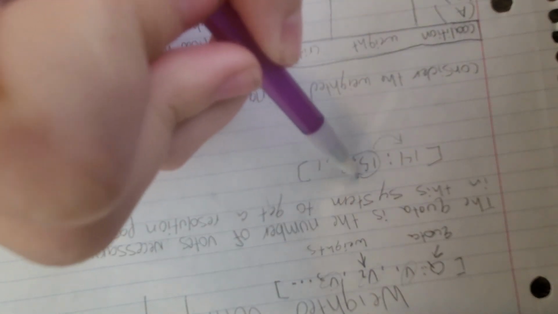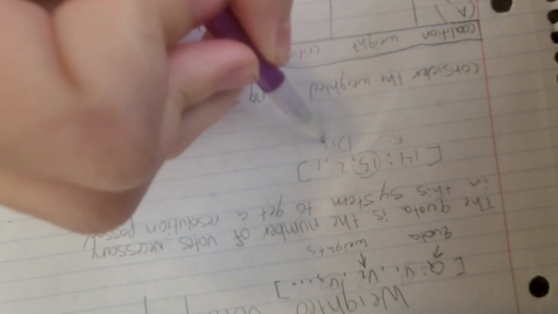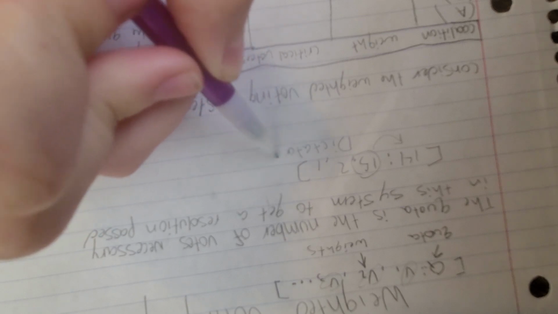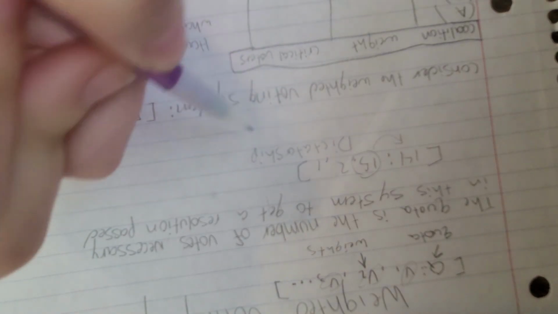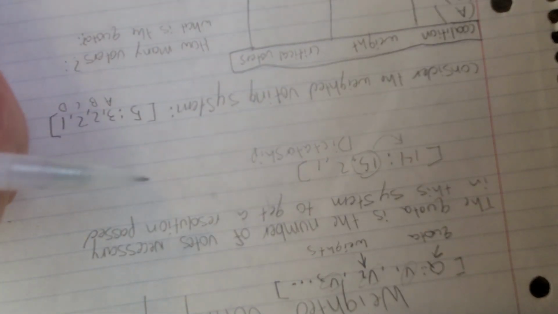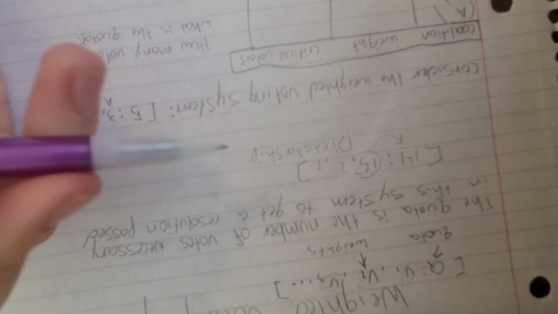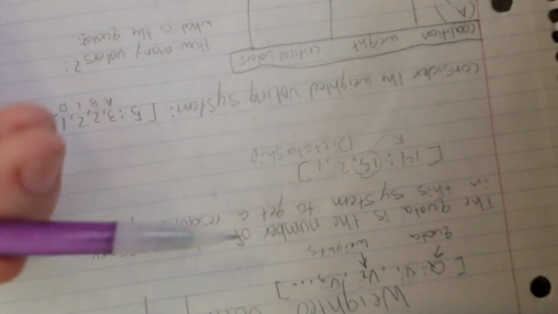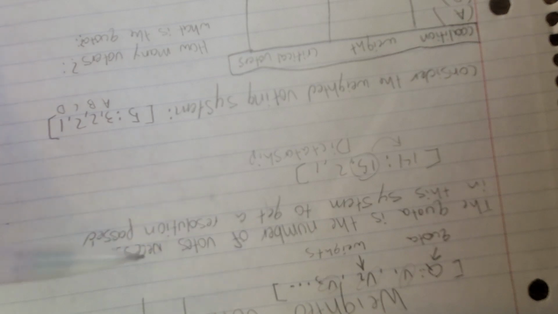So because the first number, 15, is bigger than the quota, this is a dictatorship. Because it runs everything. You don't need anything else to equal 14 because this dictator automatically wins the voting resolution for the entire thing.